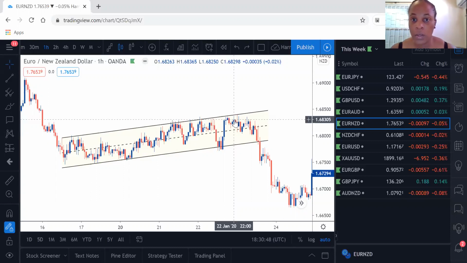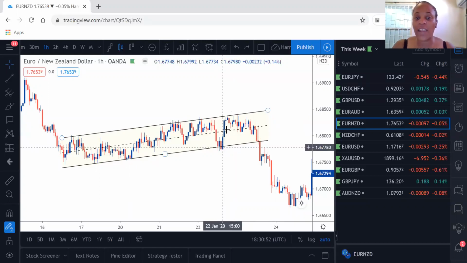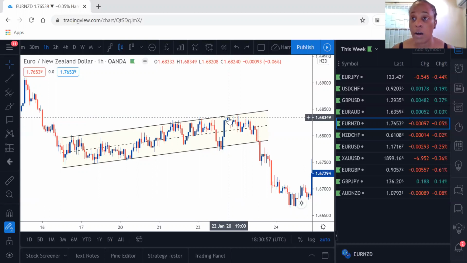because we were not giving up. So when you feel defeated by a pair like this and it goes back up and hits your stop loss, don't give up on it. Work on it, because that is going to help you to be stronger when it comes to dealing with similar situations and similar setups like this in the future.